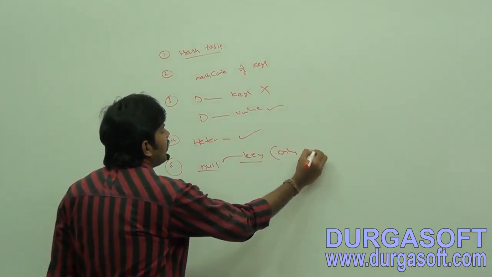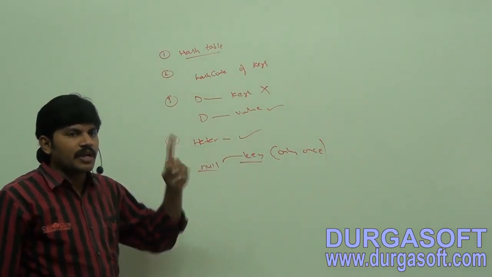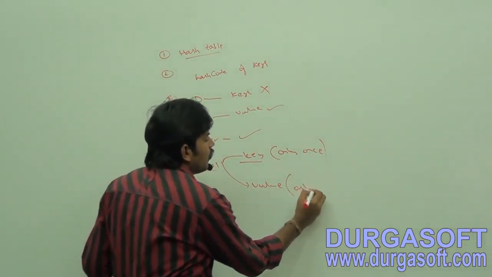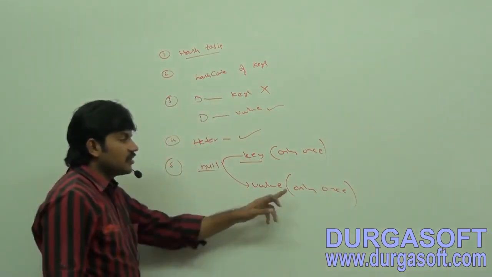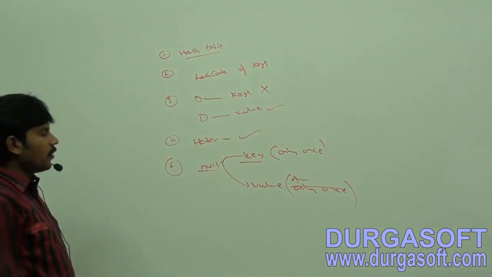Only once, because duplicate keys are not allowed. Null is allowed for value; how many times? Any number of times, no problem at all.